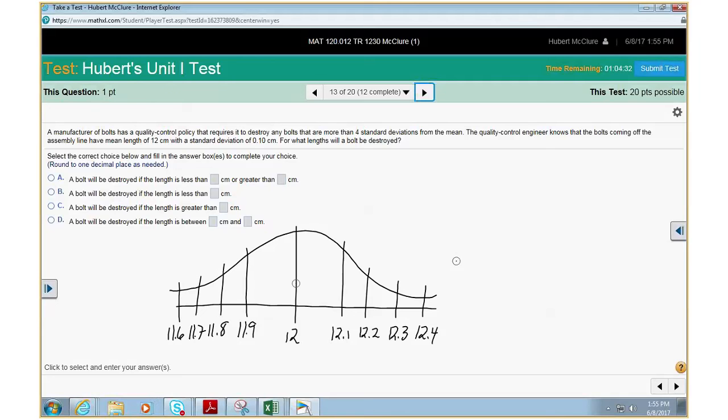We know that this is 34, 34, 13.5, 2.35, and 0.15. Same thing over here, 13.5, 2.35, and 0.15.